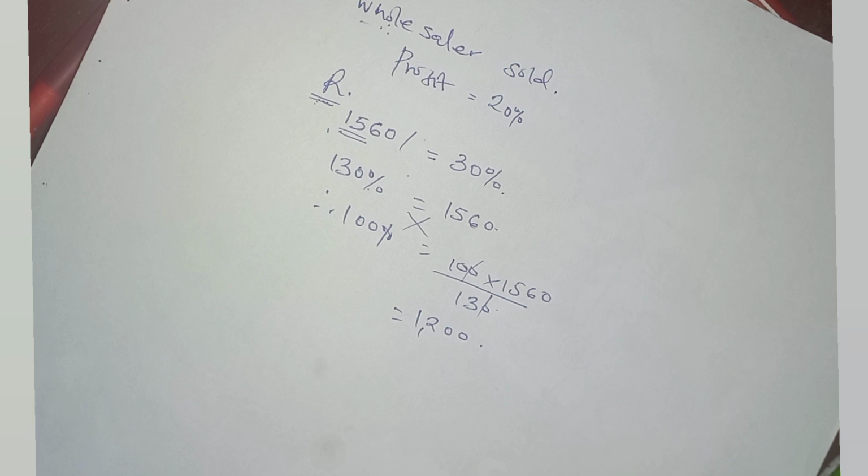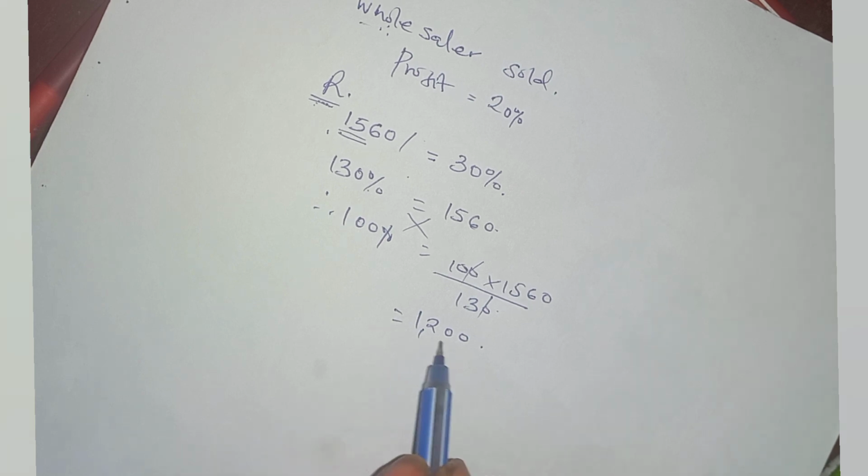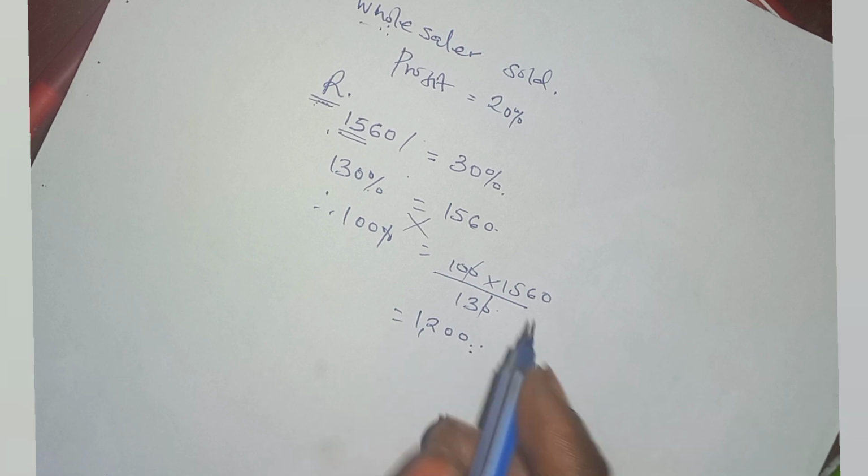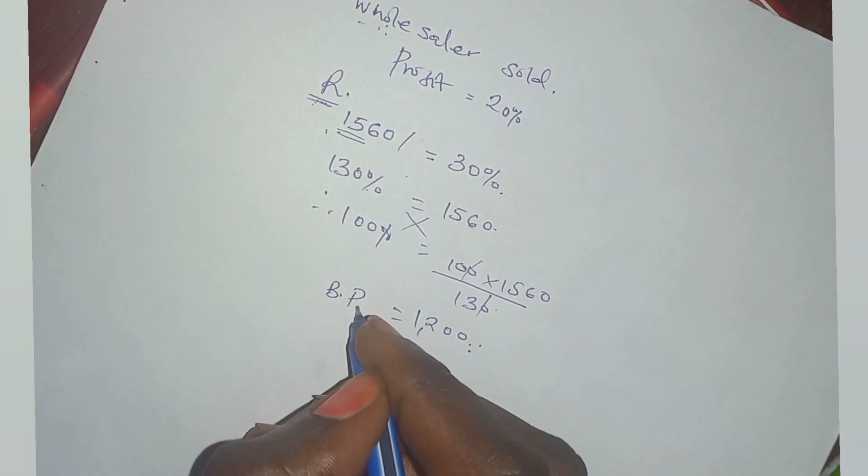Just to confirm very fast, 1,560 divided by 130, we'll get 1,200. This 1,200 will be the buying price of the retailer.